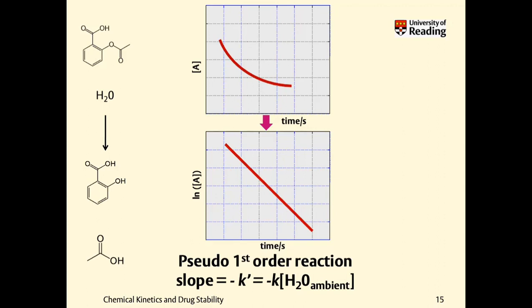And if we look at the rate of change of aspirin over time, you can see that if you plot the natural log of concentration of the aspirin against time, you'll get a straight line, because this appears to follow first order kinetics.